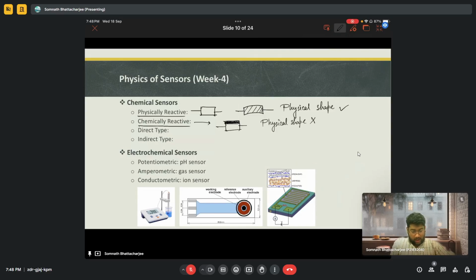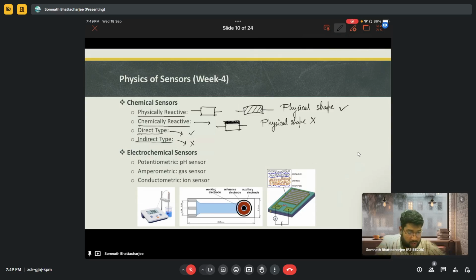And apart from that, there are the indirect and direct types. I've already told you that the direct type measures the data directly, whereas for the indirect type, the data is not measured directly.